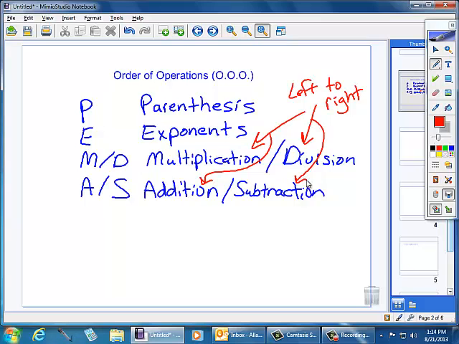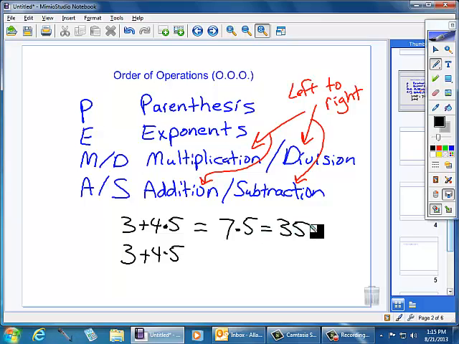Why is this important? Well, let's just take something like this. 3 plus 4 times 5. I'll write it twice. Many people just go left to right. Well, if we go left to right, we have 3 plus 4, which is 7, times 5, which is 35.